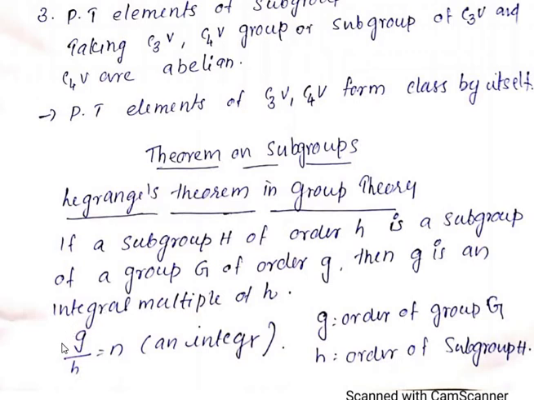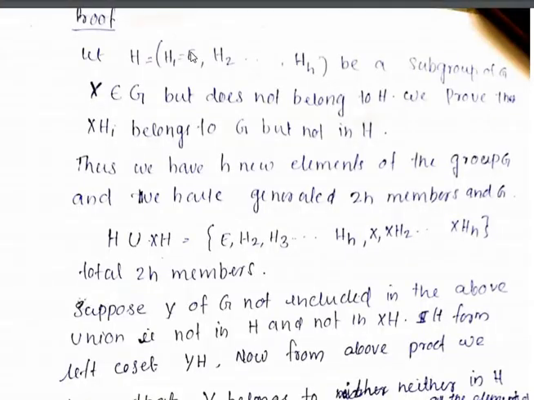Then the order of the group divided by the order of the subgroup H, that is g by h, is an integer. So the order of a group divided by the order of its subgroup must be an integer.